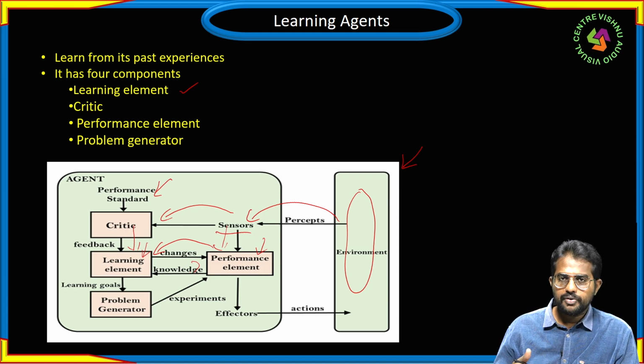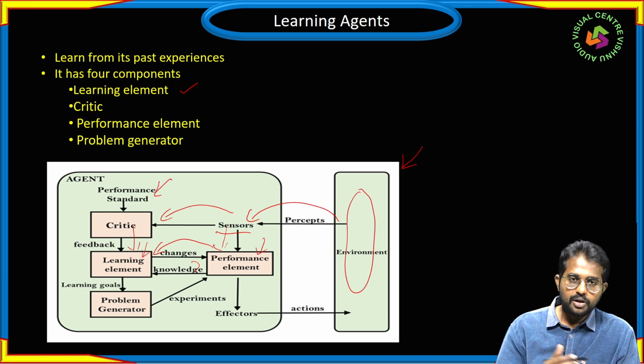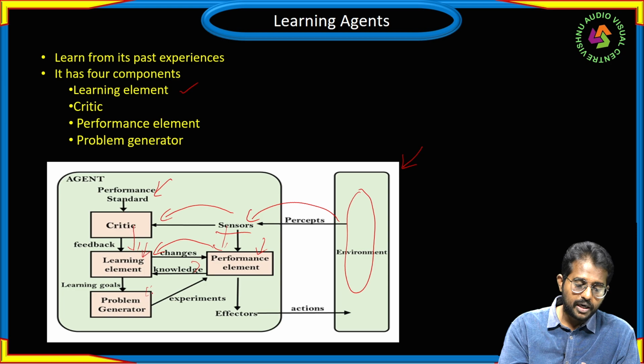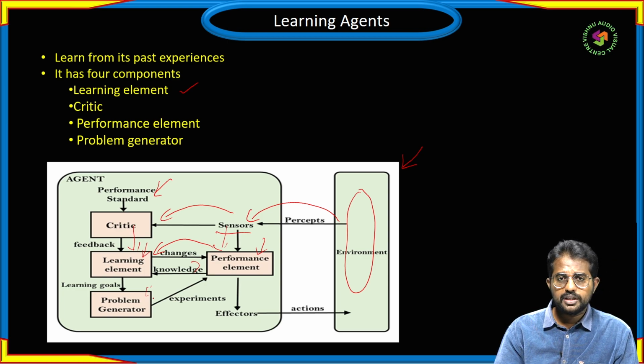The performance element will do the action it gets from both the learning element and also the problem generator. This problem generator is the component which will try experiments by doing new actions.